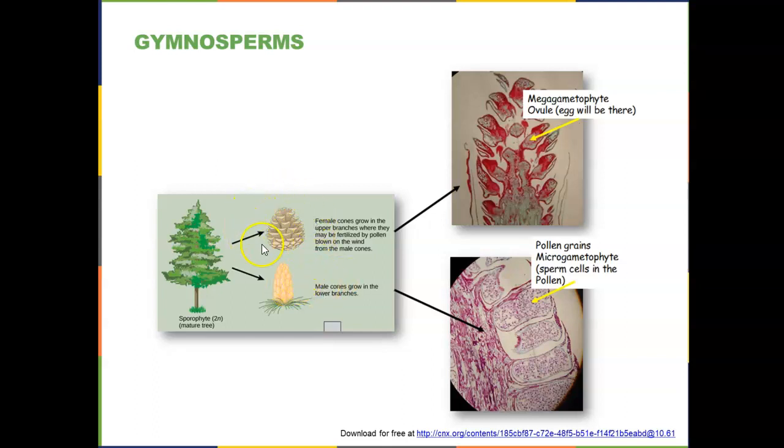The female cone is inevitably more robust, more structurally substantial, usually much, much larger than the male cone. So, this picture doesn't really capture the difference in sizes as well as it should, but for the purposes of illustration, it's great. And so within that cone, here's a female cone, here's a male cone down here.